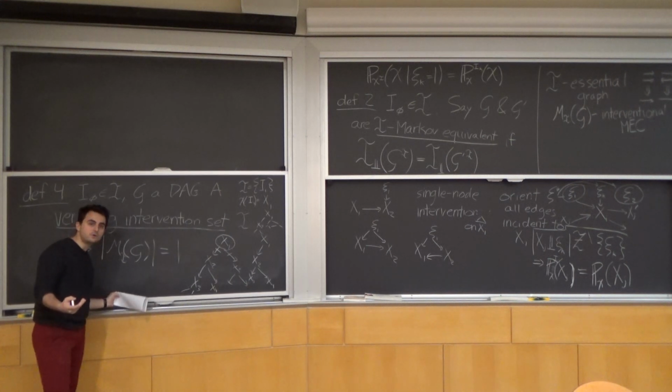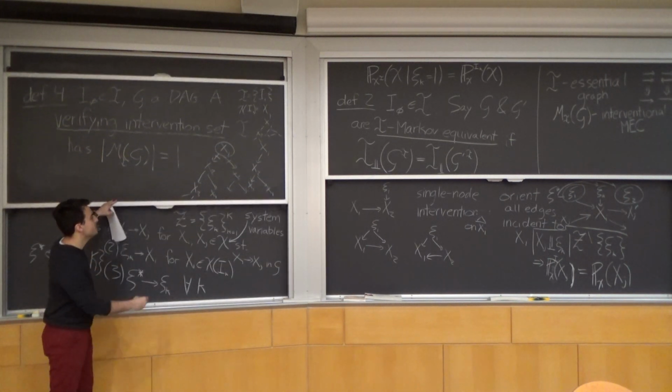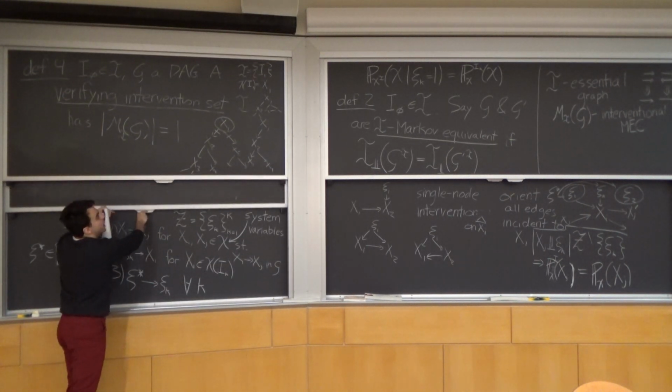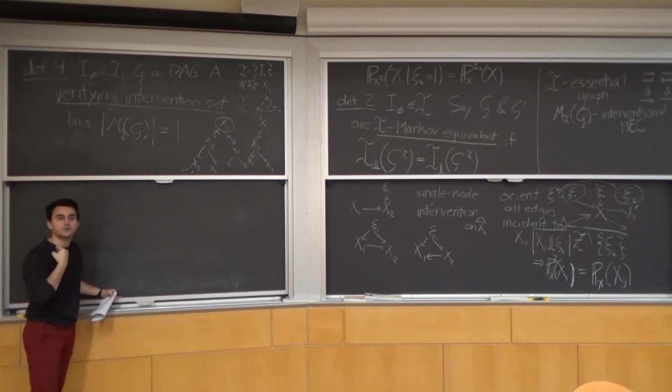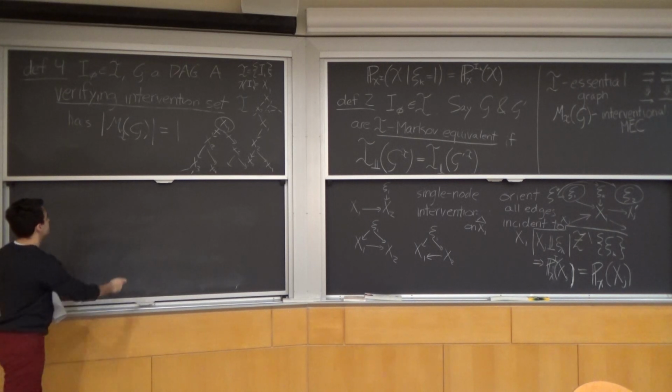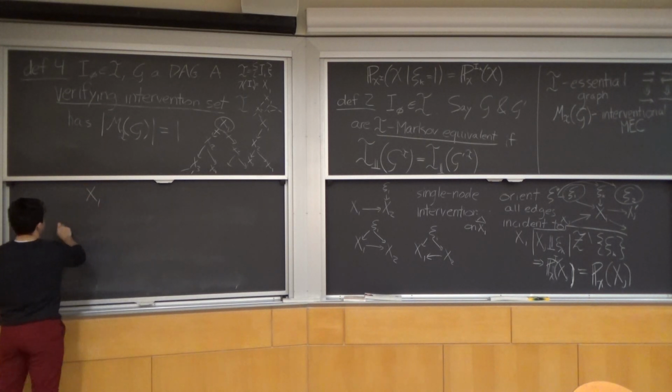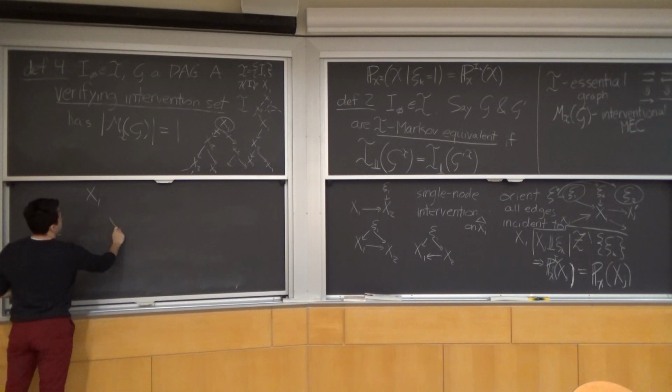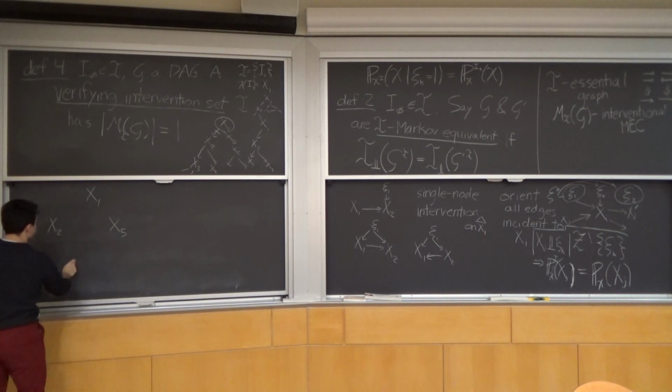Let's do another example for a verifying intervention set. On the opposite side of the spectrum from a tree would be a completely connected graph. So let's just do a 5-node graph for now.